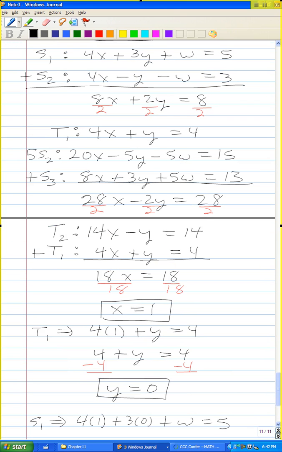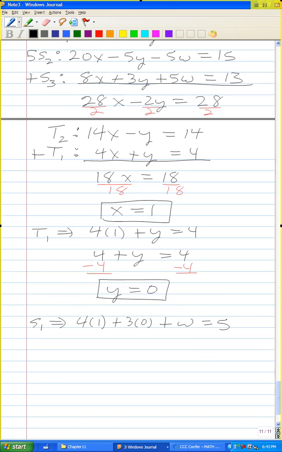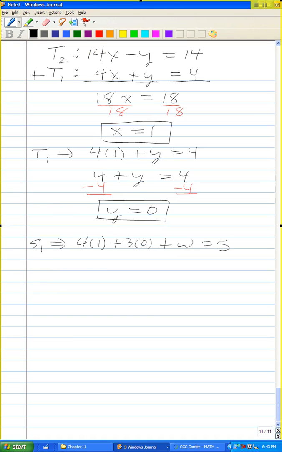So I have 4 plus w is 5. Subtract 4 from both sides of my equation. So w is 1.